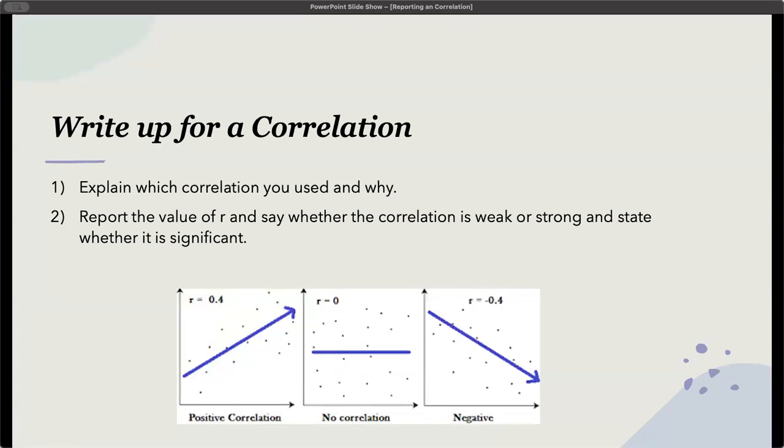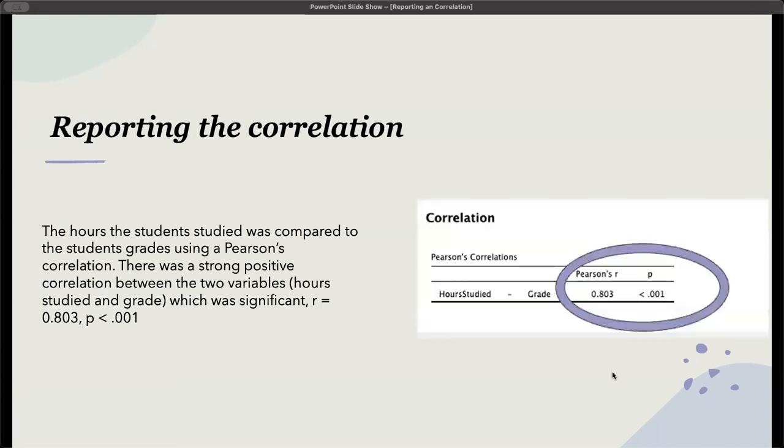You're going to report the value of R and say whether the correlation is weak or strong and state whether it is significant. Remember, for a positive correlation, the line goes up. If there is no correlation, R is 0, so the closer to 0, the weaker the correlation. And if you've got a negative R and the line goes down, that is a negative correlation.